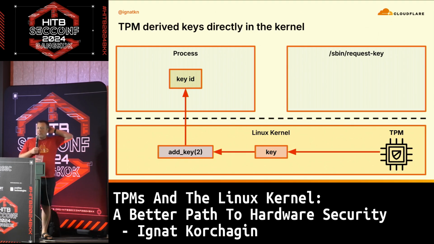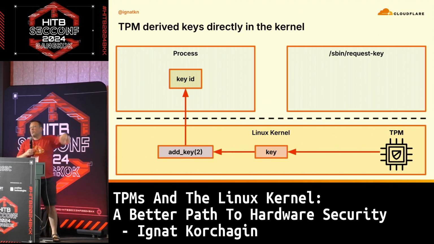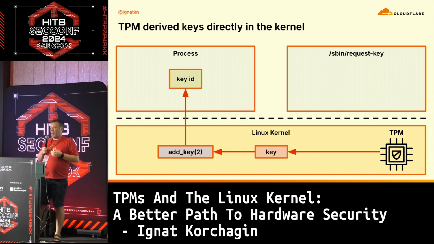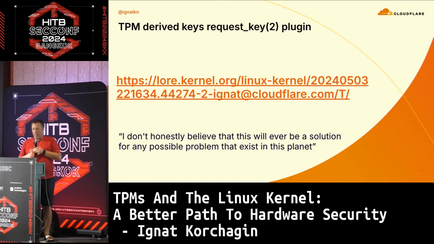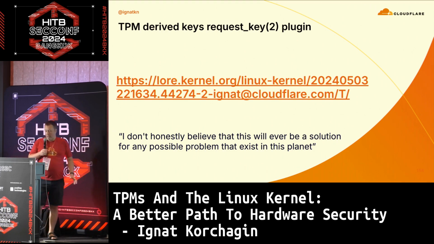You can actually request the key from the kernel, and it will use basically the same algorithms to generate application-specific keys for you. And this is where I want to go. So I actually created a patch set for consideration for upstream, which implements all of that inside the kernel with no extra support.